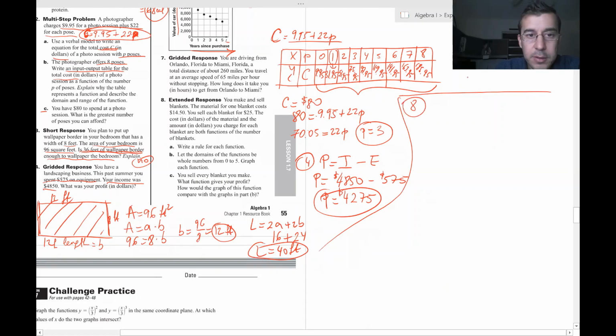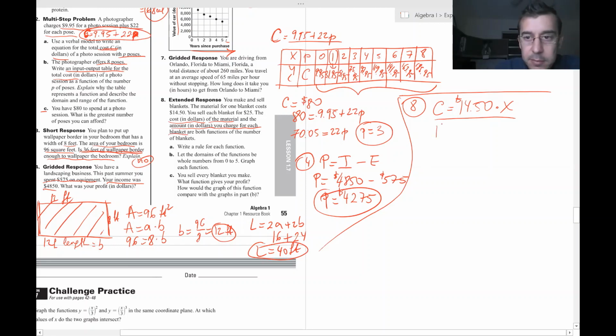So the cost of the material, let's say C, would be $14.50 times the number of blankets, X. That's the first function, the cost of the material. Then the amount you charge for each blanket is another function.